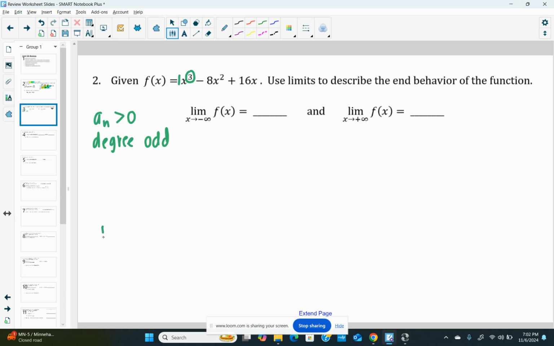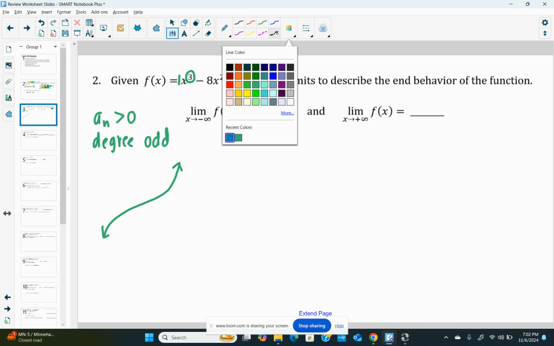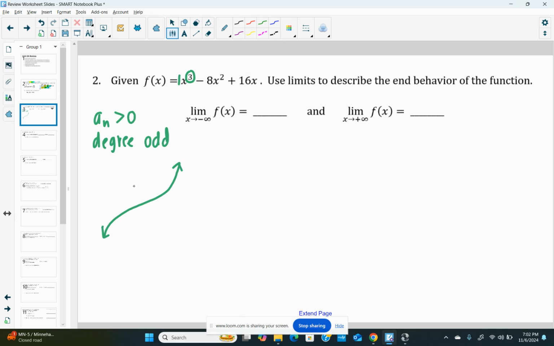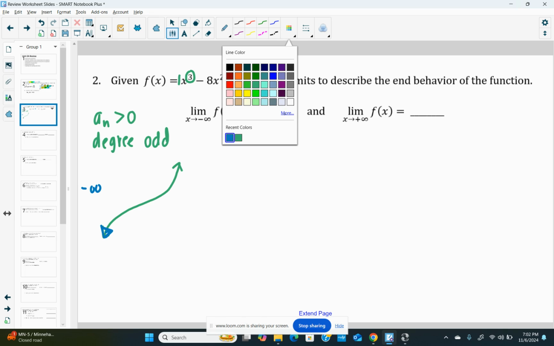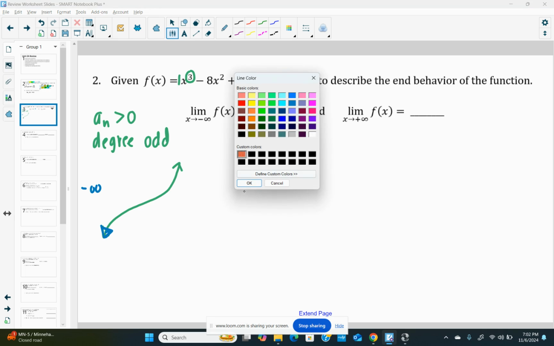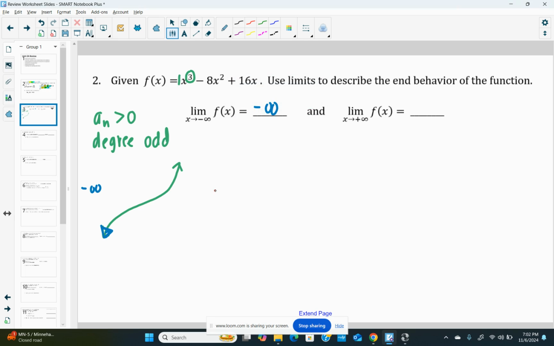So we know that that's going to be a branch down on the left and up on the right. So that means that our limit as x approaches negative infinity, so when your x's are at negative infinity, this branch is down at negative infinity as well. And then when our x approaches positive infinity, so on the right side, our graph is up at positive infinity.